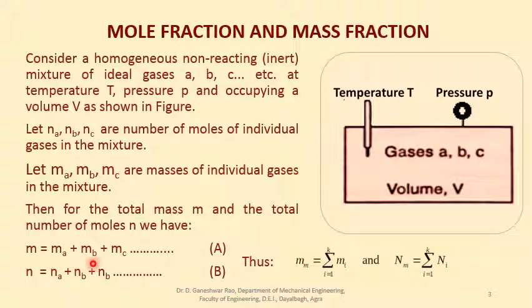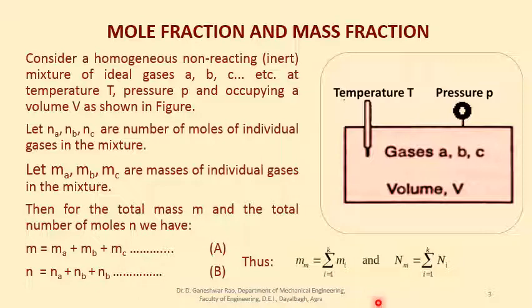So Ma plus Mb plus Mc will be equal to the total mass of the mixture M. Similarly, the number of moles of each constituent, if you sum up, will give you the total number of moles available in the container. That is, the total number of moles of the mixture will be equal to Na plus Nb plus Nc. Here it is showing B, it's not B, it's C.